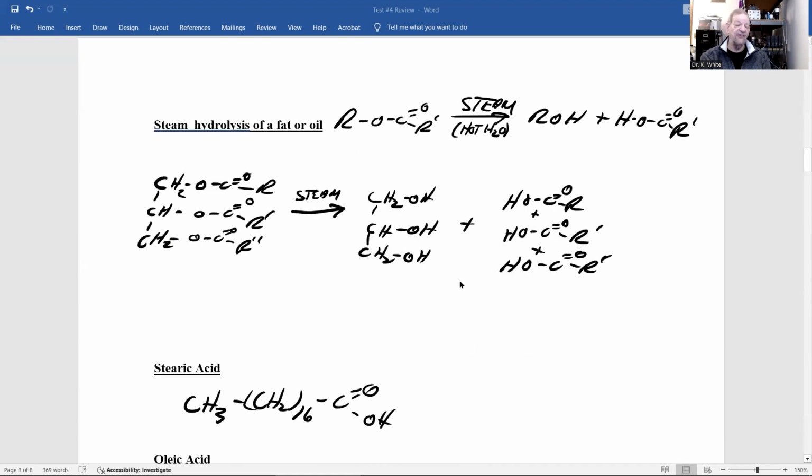Now, last one, I worked at a company and we used this reaction a lot. You take an ester and react it with steam. What is steam? Hot water. And if you think about it, how do you make a reaction go quicker? One is use a catalyst like an acid or base, like we just did.